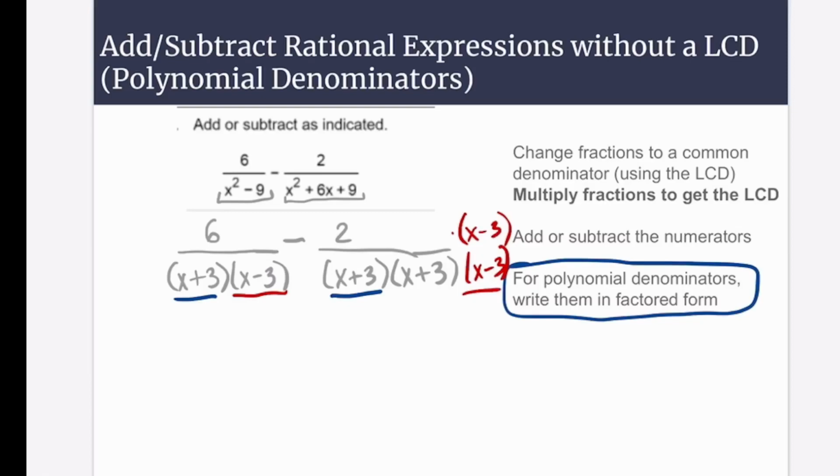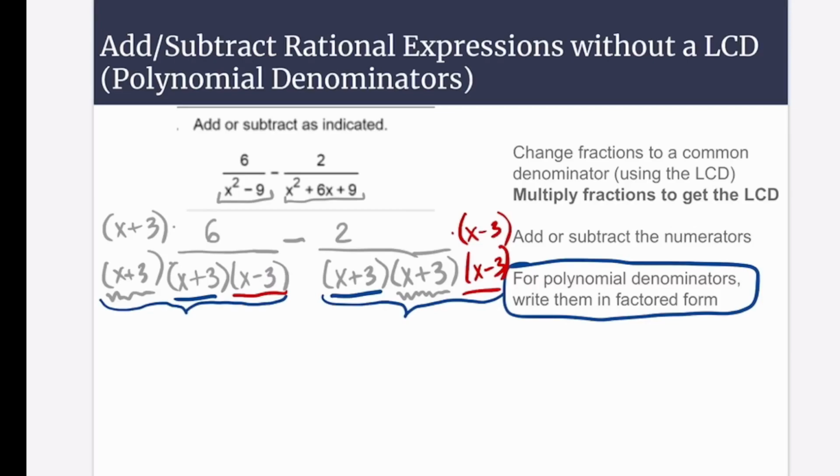The second denominator also has an extra x plus 3, which means I need to take that extra one and put it on the left side. All of this comes down to making sure these denominators are exactly the same. There are 3 binomials being multiplied in both denominators, so there's no double dipping here.